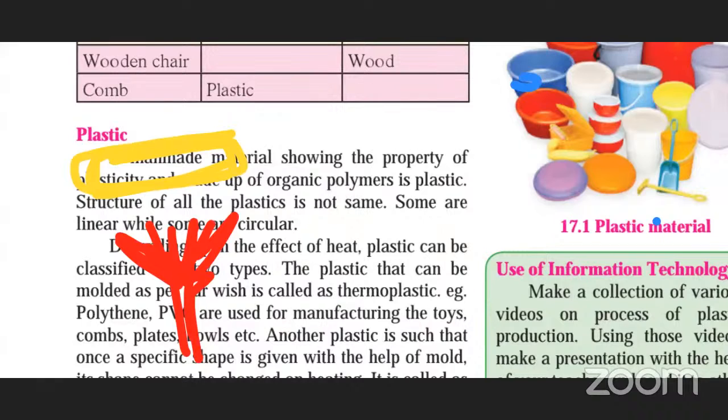What will happen here? This plastic is going to melt, है ना? अगर प्लास्टिक को हम हीट करते हैं, गर्म करेंगे तो क्या होता है? प्लास्टिक पिघलने लगता है. Plastic starts to melt, right? So when it is melting, if you want to give a different shape to this plastic, is it possible? जब वो एक बार मेल्ट हो गया और आपने उसको दूसरा शेप देना चाहा तो पॉसिबल है यहाँ पे?